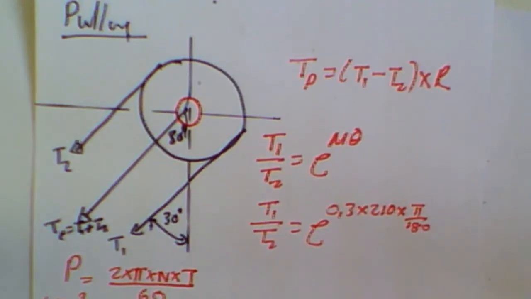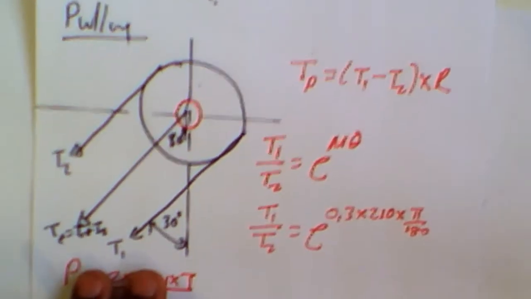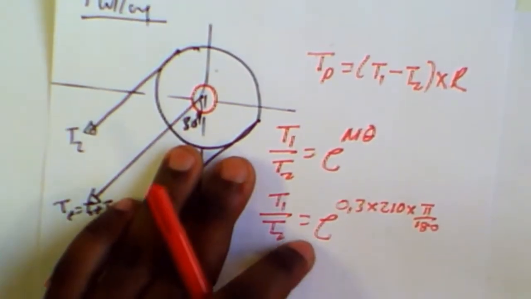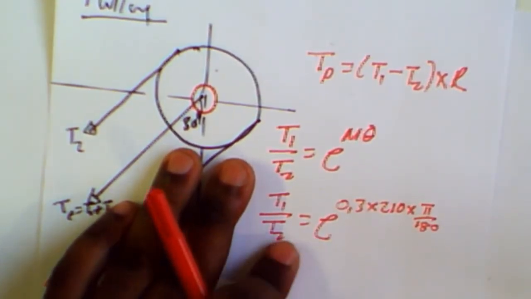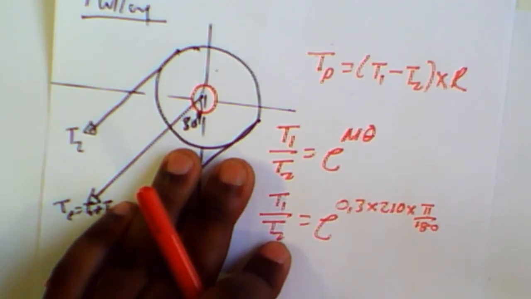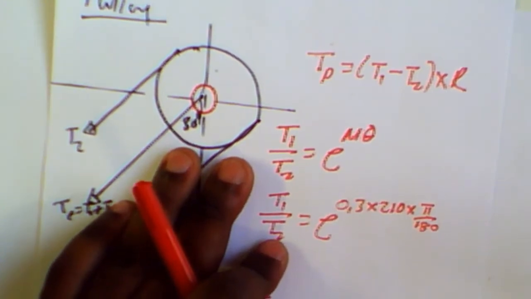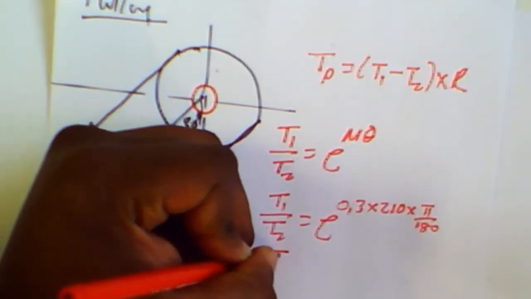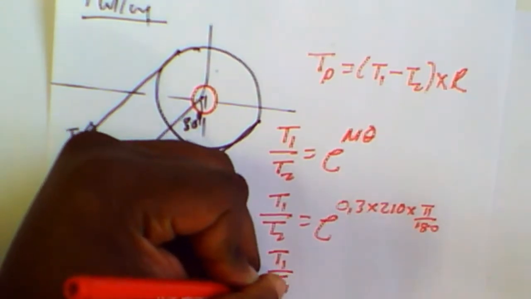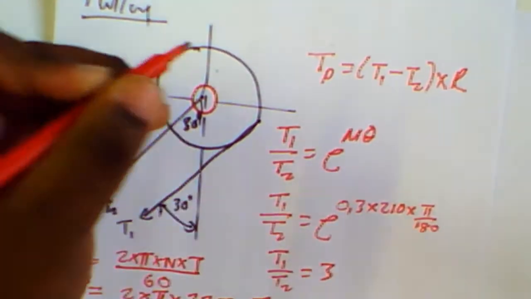Alright, so when we calculate here, it's 0.3 times 210, multiplied by pi, all of that over 180. That gives me e to the power of that. So my tension ratio here, I get T1 over T2 is actually equal to 3.